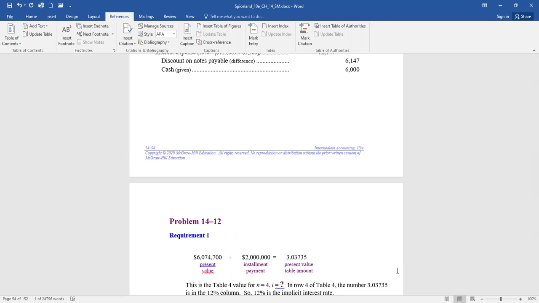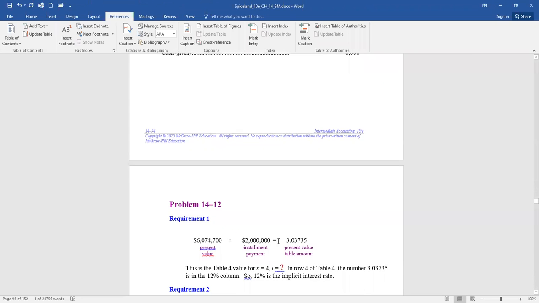Go to present value of an ordinary annuity, the 4 row, and go across until you find the factor of 3.03735. So the interest rate is about 12%. Now you could do this on your calculator as well, if you have the ability to do the finance calculation. But that's how you would find the implicit interest rate.